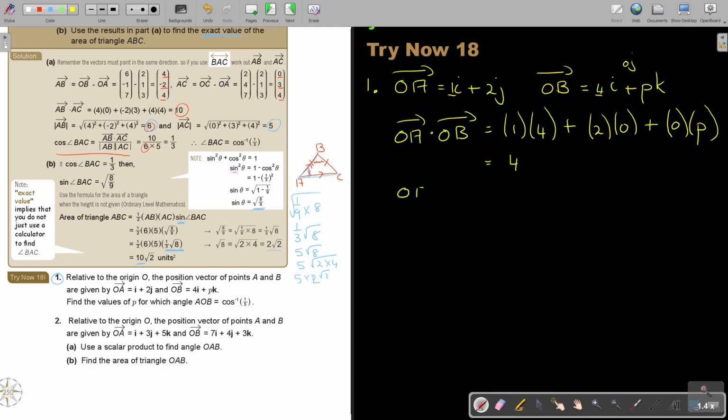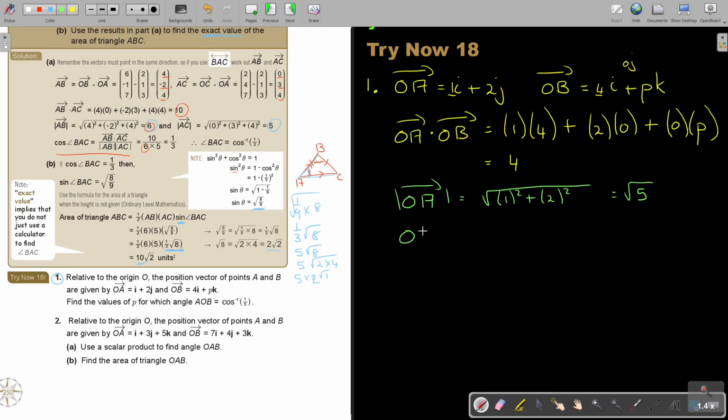Then I get the magnitude of OA with Pythagoras' theorem. I want to make this in another color. Start again. Okay, so the magnitude of OA is going to be 1 squared plus 2 squared, which is 1 plus 4, square root of 5.